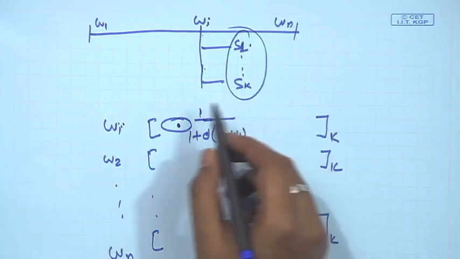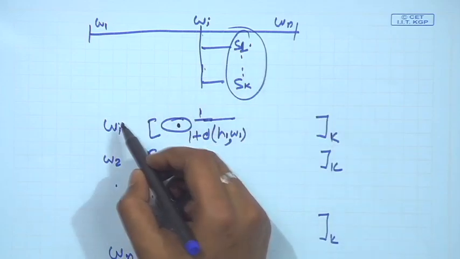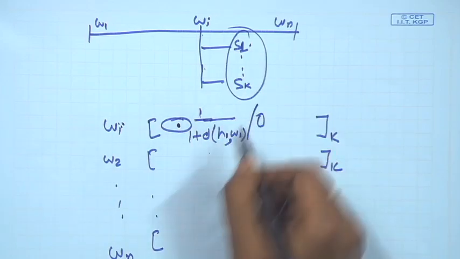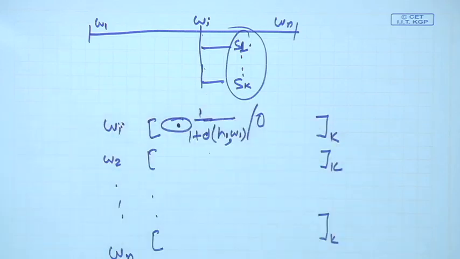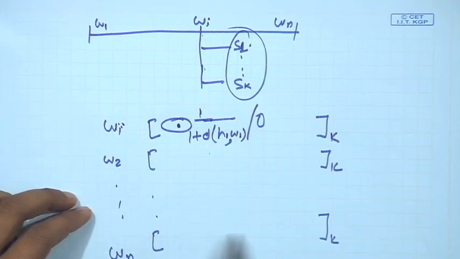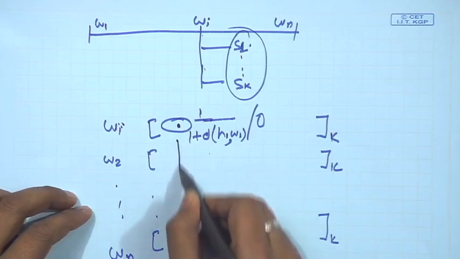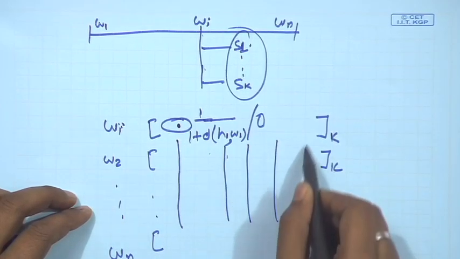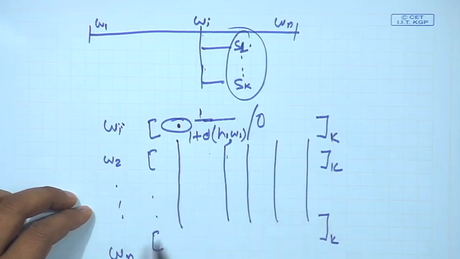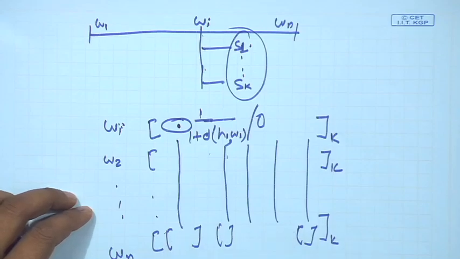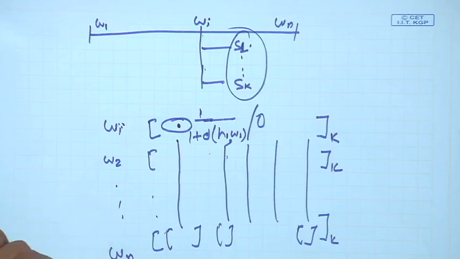On the other hand, if the hub is not an ancestor, I will put a score of 0. Like that I will put all the different values here, and finally, once I have all the values, I will add all these. For each hub, I will add all the possible scores, and I will take a final vector, that is how much contribution all the words together are making for hub 1, hub 2 and hub k, and I take the one that has the maximum score among all these, and that becomes my winner sense. So, this is the overall idea of this approach.